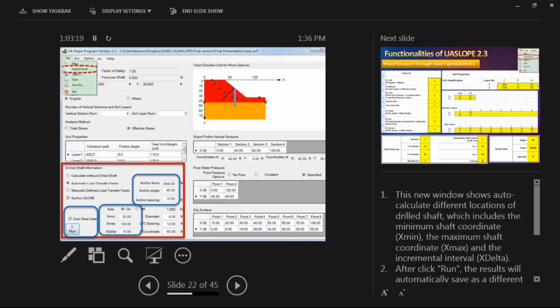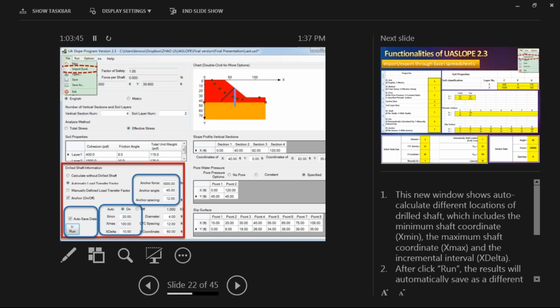And then over here, if you want to have an option to automatically run multiple locations of drill shaft, then you can say auto put on, then allow you to put the starting point of the drill shaft and the ending point of the drill shaft, so the X min and X maximum, and the increment of the distance between the drill shafts.